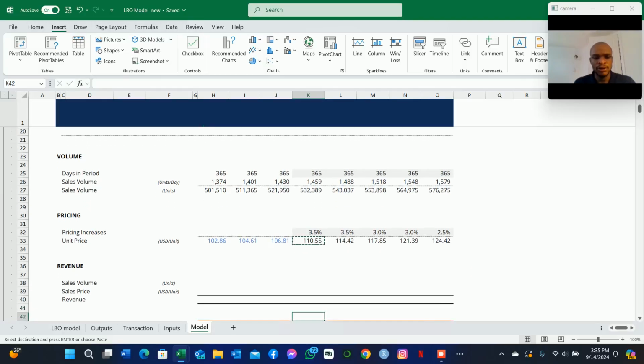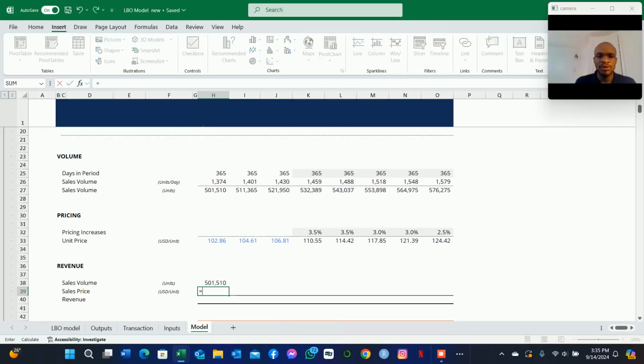And then to now calculate our revenue, it's going to be equal to, we have our sales volume set up, we just reference that. And we have our sales price. We will reference that as well from 2020, beginning from the historic period.